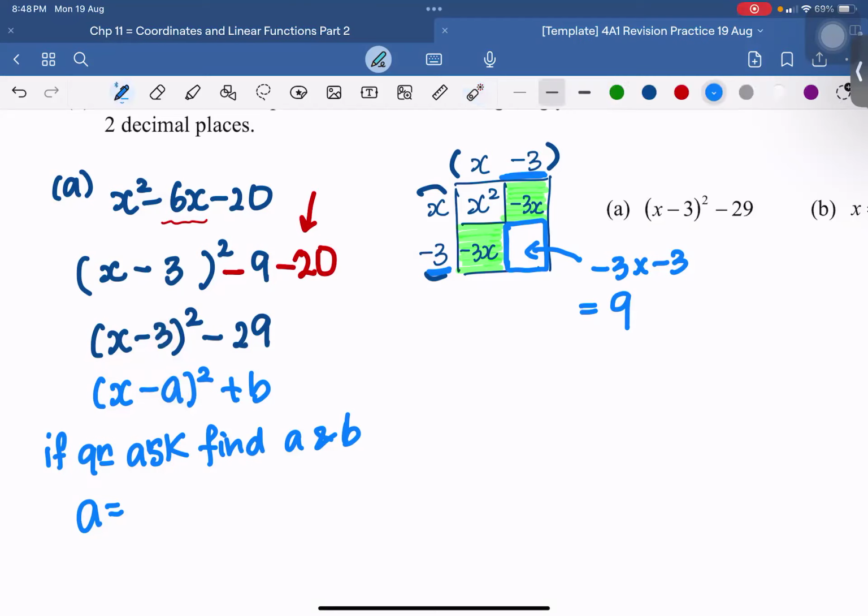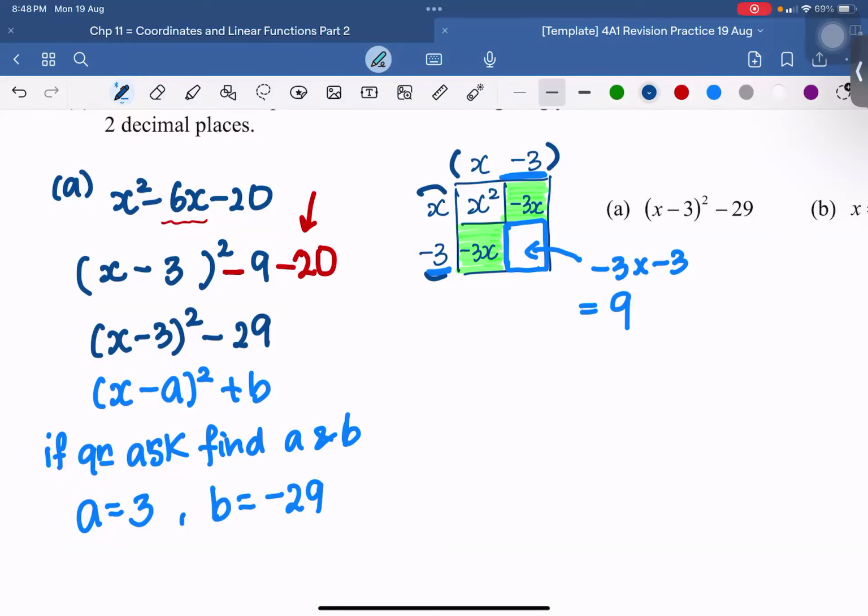A is for the number 3? 3. Alright? Because they gave minus, right? And what about the value for B? -29. Correct, minus 29.